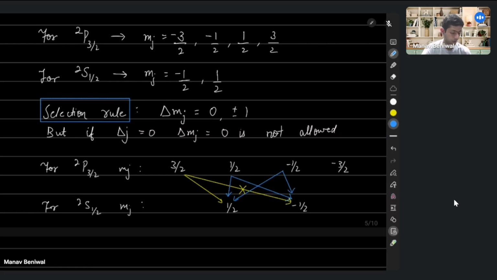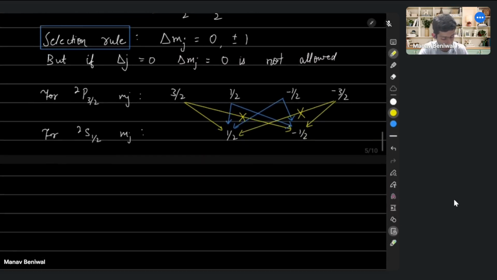For minus 3/2, this one is allowed because delta mj is 1, and with this one delta mj is 2, so again this one is not allowed. So 2 transitions out of 8 are not allowed.